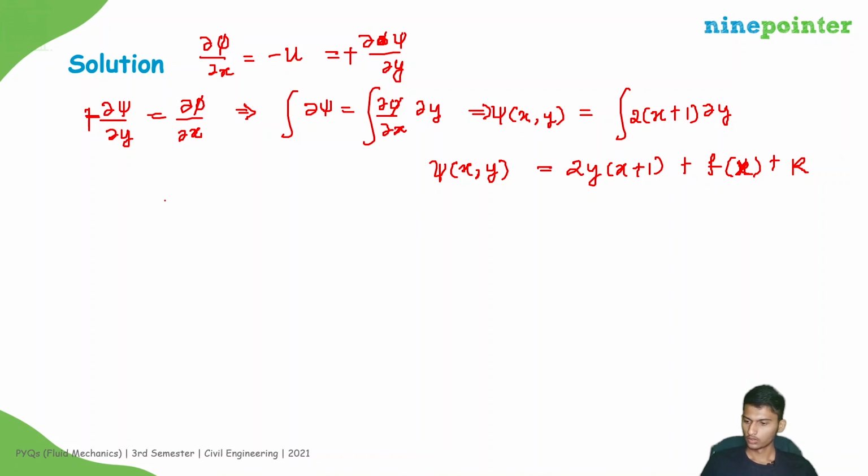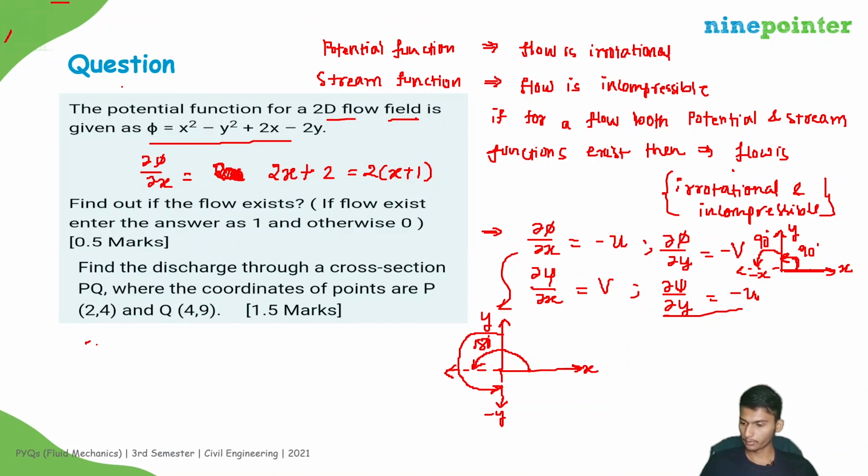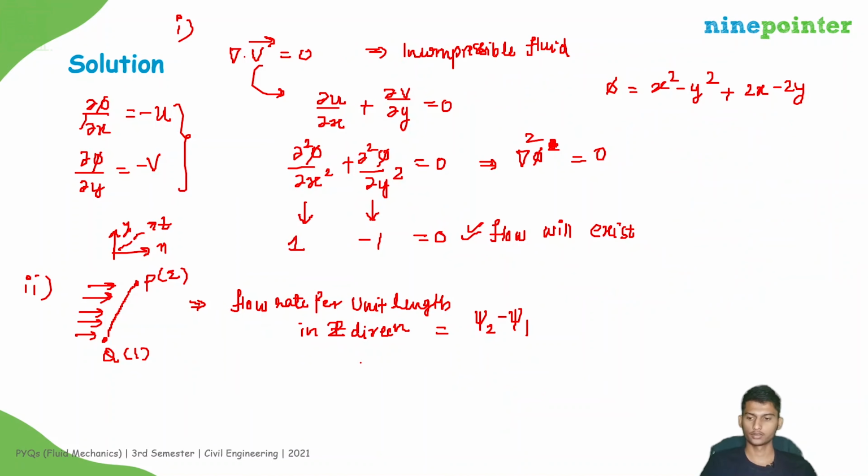So now this is 1, and we also know that ∂ψ/∂y will be equal to minus ∂φ/∂x. So what is the value of ∂ψ/∂y? ∂ψ/∂y will be minus 2y minus 2, so that is minus 2(y+1), right?